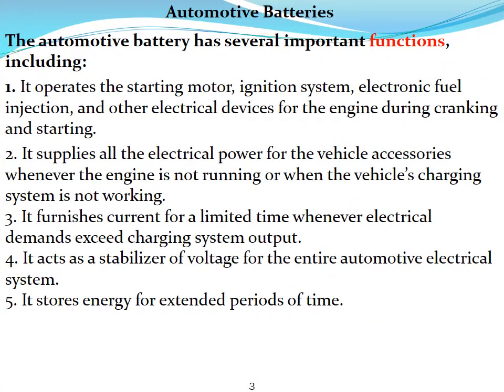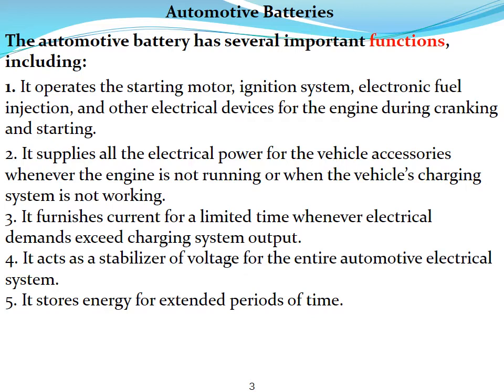The automotive battery has several important functions. First, it operates the starting motor, ignition system, electronic fuel injection, and other electrical devices for the engine during cranking and starting. Second, it supplies all the electrical power for the vehicle accessories whenever the engine is not running or when the vehicle's charging system is not working.